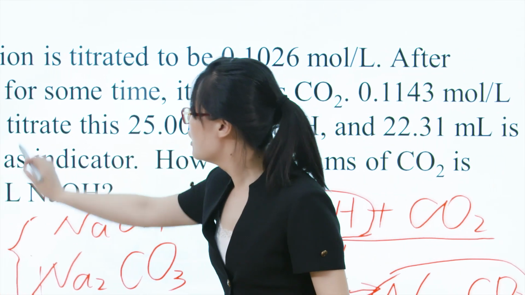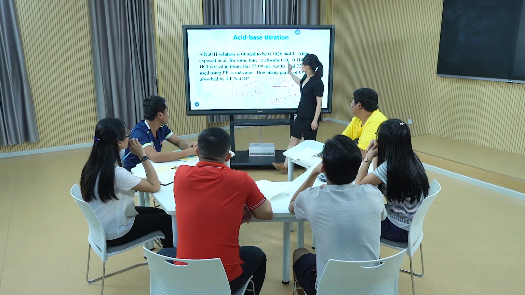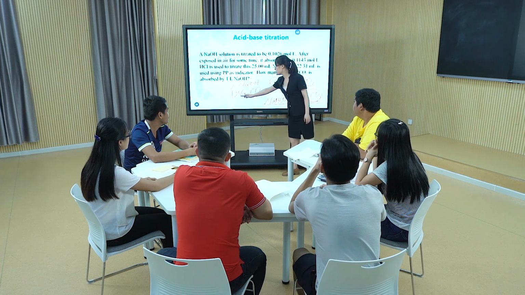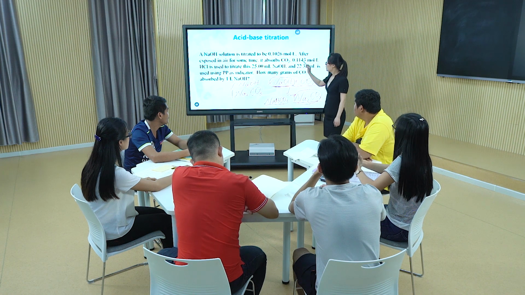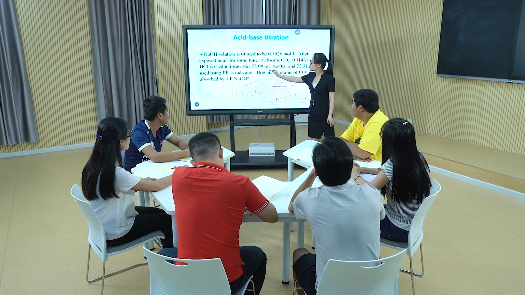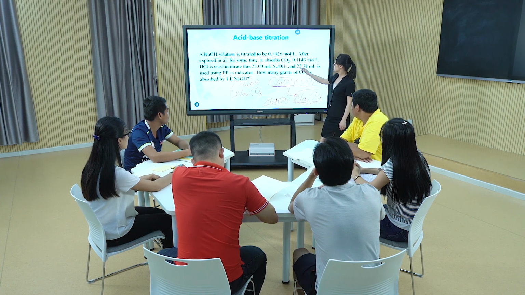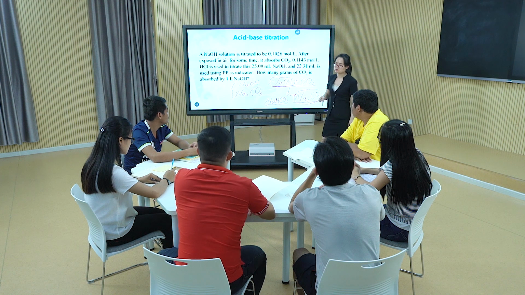That's the NaOH solution after it absorbs CO2. And then we use HCl to titrate this, and this volume is used when using pp as indicator.